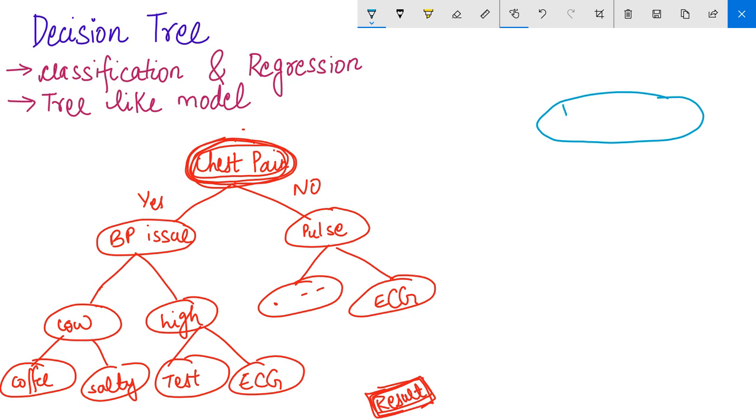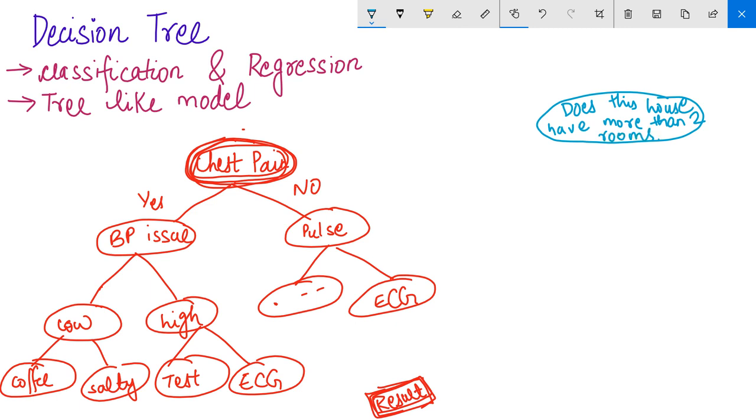So he'll ask, does this house have more than two rooms?